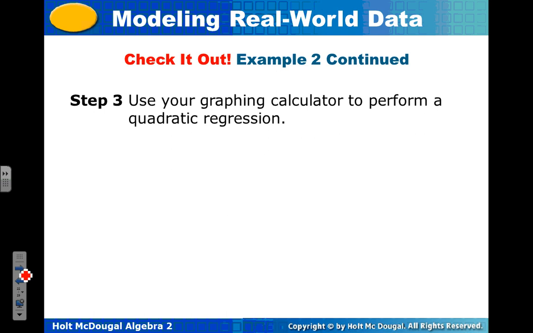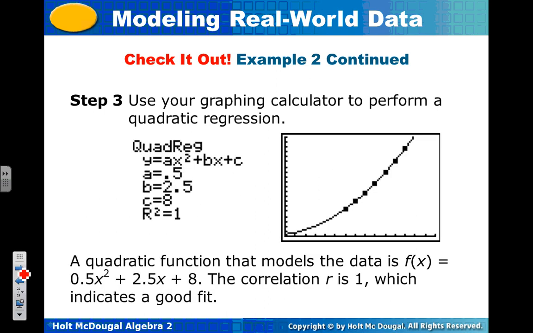Once you type in your new data, you've got everything in there. Then hit Stat, go over to Calc, and go down to Quadratic Regression. Once you click on that, go down to Calculate, hit Enter, and it should bring up this page right here.